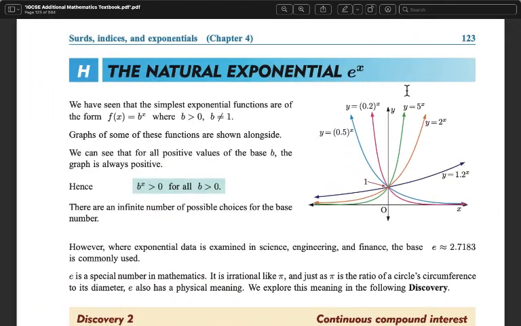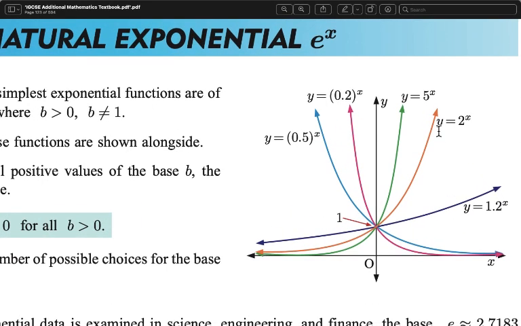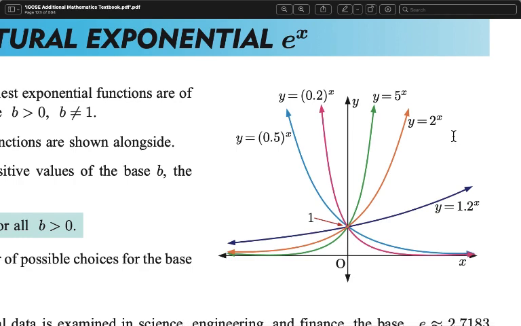And now let's look at the natural exponential and its trends for the original bases. If the base value is lower than 1, the smaller the base value, the steeper the graph is going to be, while showing a negative trend.